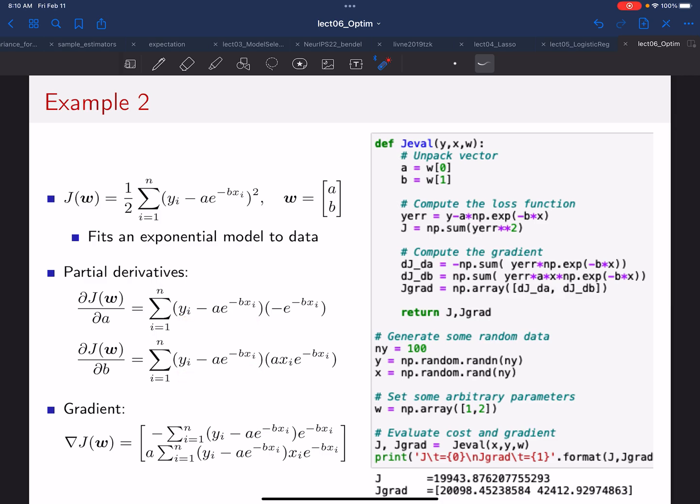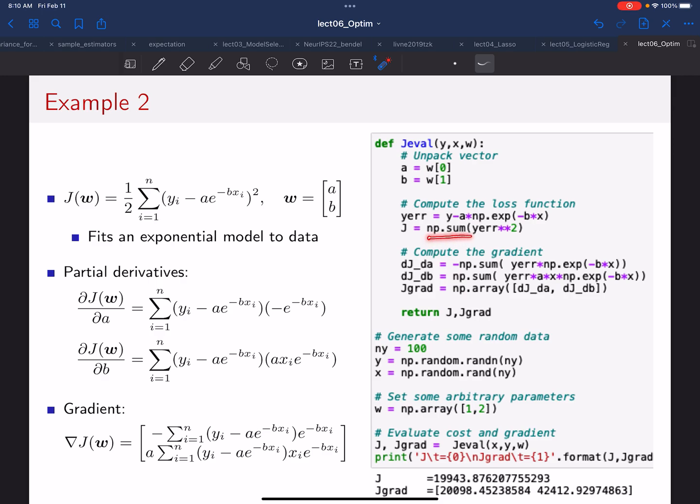So let's just compute this thing once and then use it twice later. So we're going to call this the y error. It's going to compute this for all the different i's, and those are going to be stacked in this vector. And then actually, that appears here too. So once we have that, in order to compute j, you can see we just need to take the sum of y error squared.